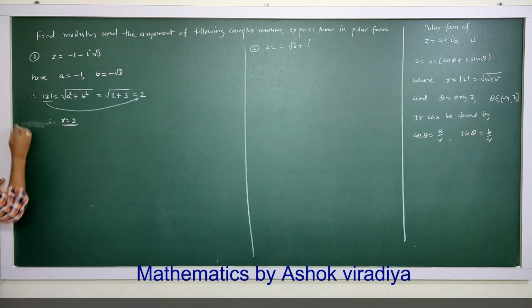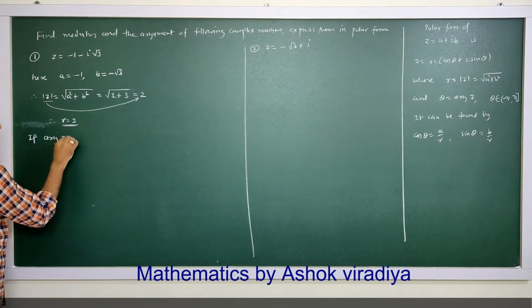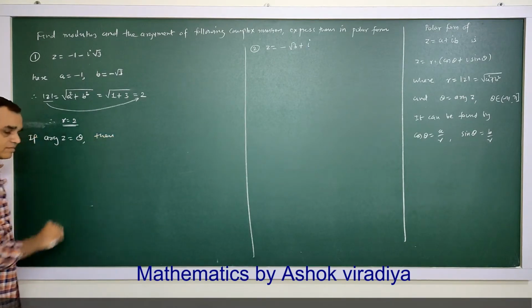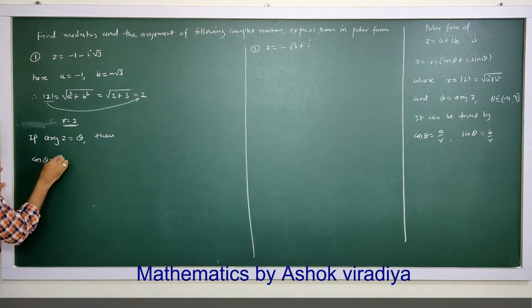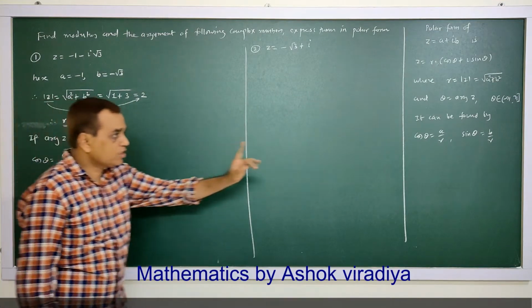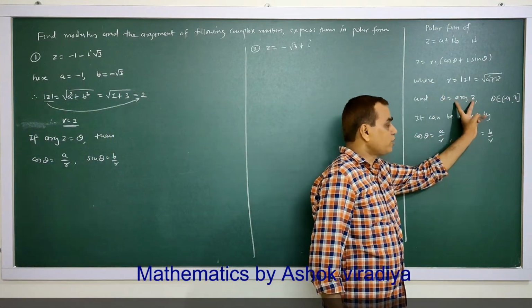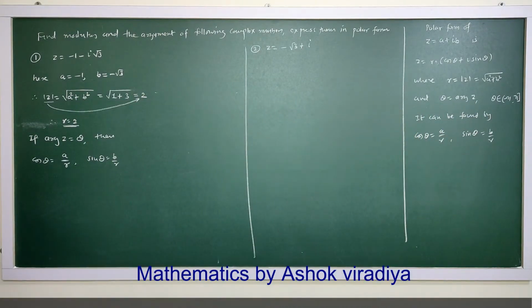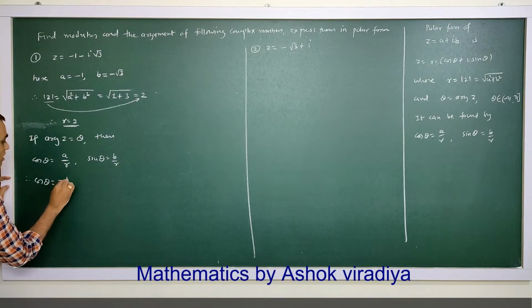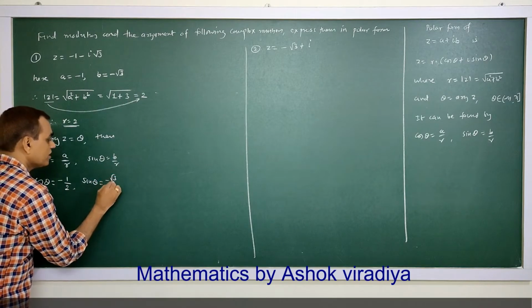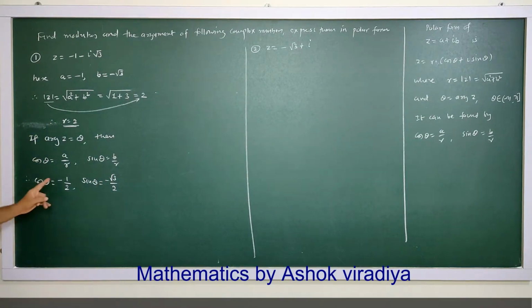Now, if argument of Z is theta, then cos theta is A by R, sin theta is B by R. Therefore, cos theta is A is minus 1, R is 2, sin theta is B is minus root 3, R is 2. Both are negative.